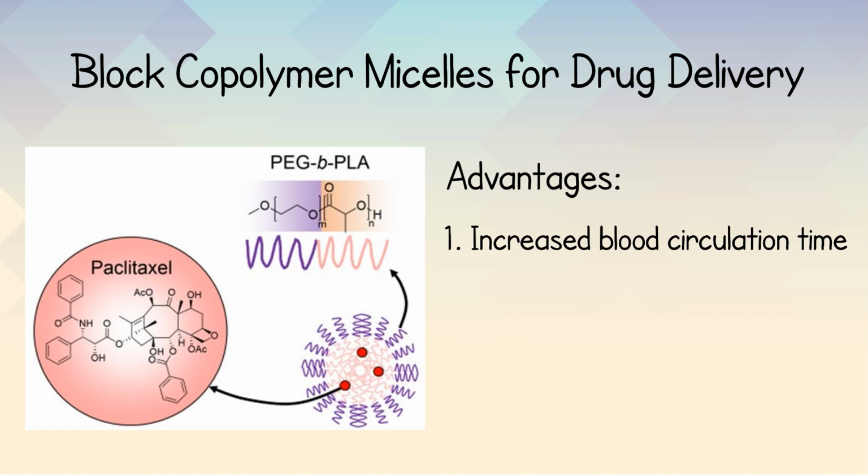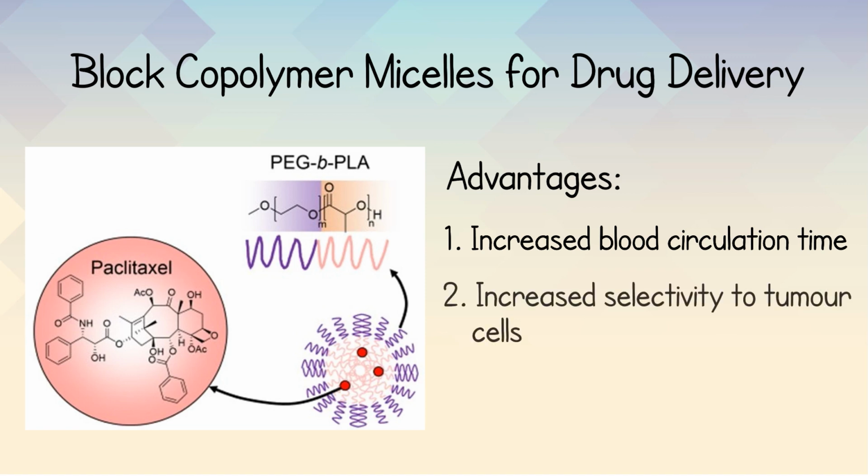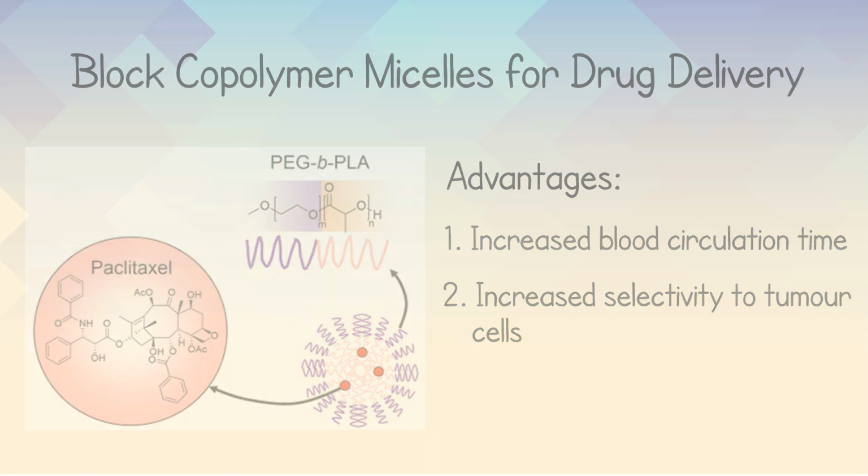Hence, encapsulating the paclitaxel in the folate PEG-PLA micelle increases the selectivity of paclitaxel towards tumor cells, helping to reduce its impact on healthy cells. Folate PEG-PLA is an excellent example of a block copolymer micelle that achieves receptor-mediated drug delivery.